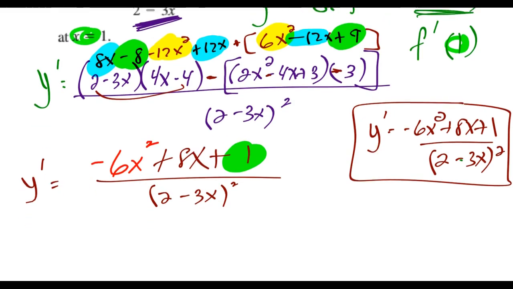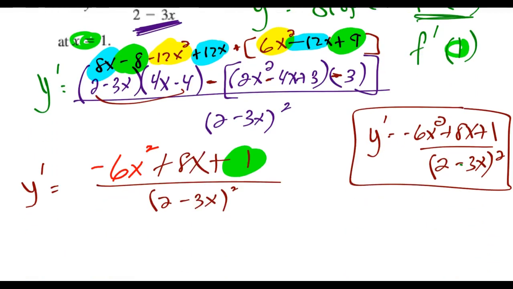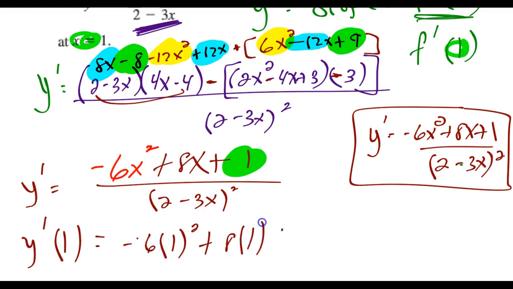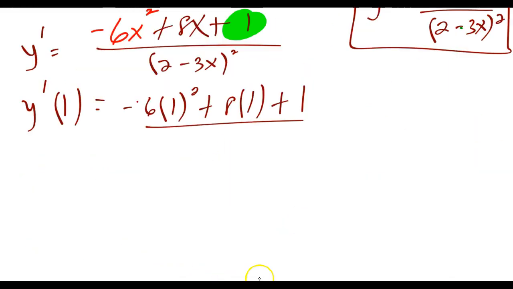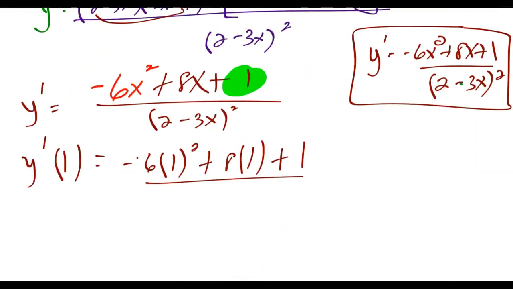But remember, the goal now is to evaluate the function at f prime 1. So every time I see an x, simply plug in 1. This is going to be the slope at that point. So again, pause the video, crunch this, and see if you don't get the slope, this to evaluate to 3.